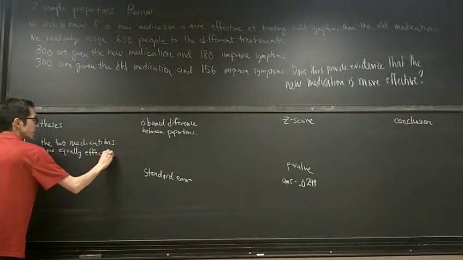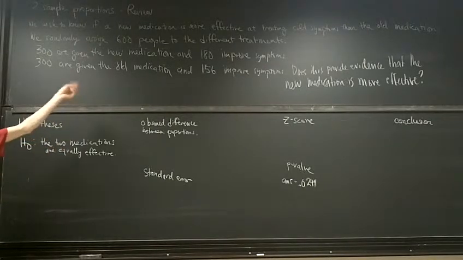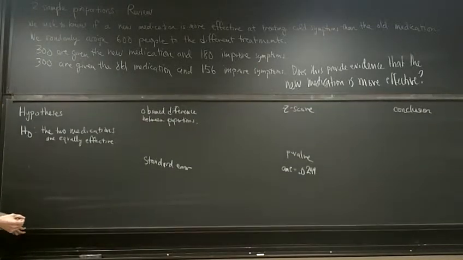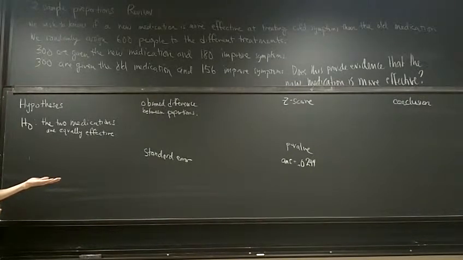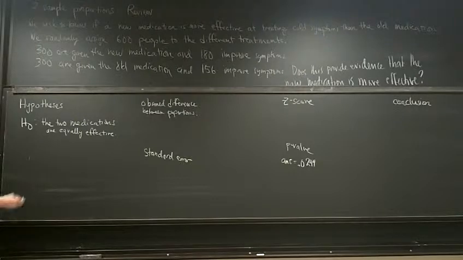Alright, how do we measure how effective the medication is? With our data. How do we measure how effective the medications are? What are we calculating? The proportions that improve. Okay?